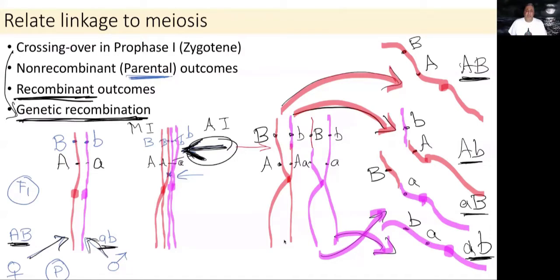So take a pause and compare this diagram that I've drawn on this slide to what would happen if the two genes, A and B, were on different chromosomes. What would happen then? Would you get the same outcome? Some gametes will be big A, big B, some will be big A, small b, some gametes will be small a, big B, and then the fourth class of gamete will be small a, small b.